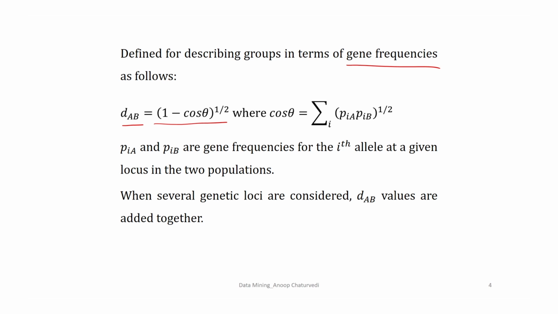Here PiA is the gene frequency for the ith allele at a given locus for population A, and PiB is the gene frequency for the ith allele at a given locus for population B. And then when several genetic loci are considered, then DAB values are added together.